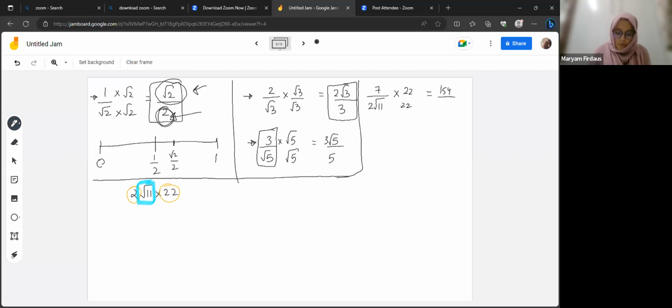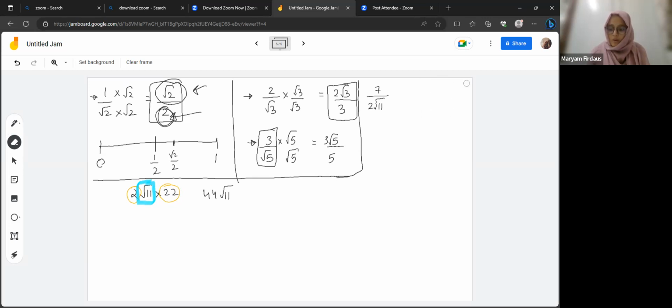It gives you 44 root 11. I still have a root in my denominator. So that means this trick is not going to work. We have to try something else now. Think. The root 11. Very good. We have to multiply it with root 11.